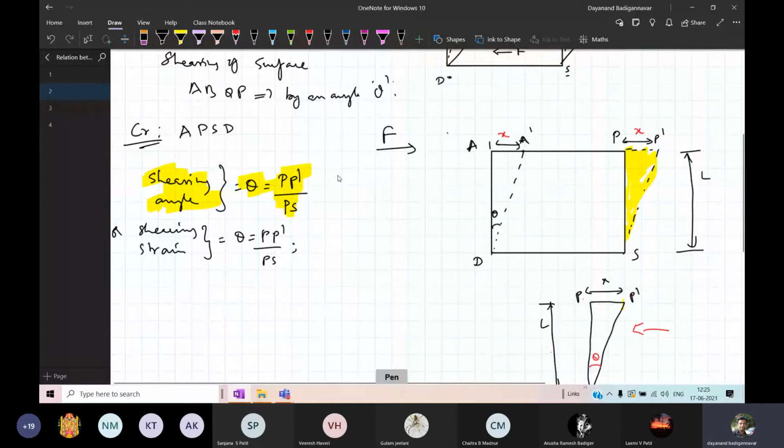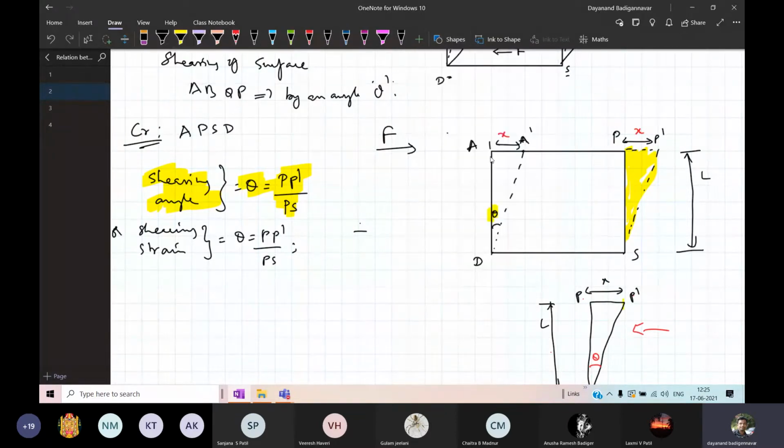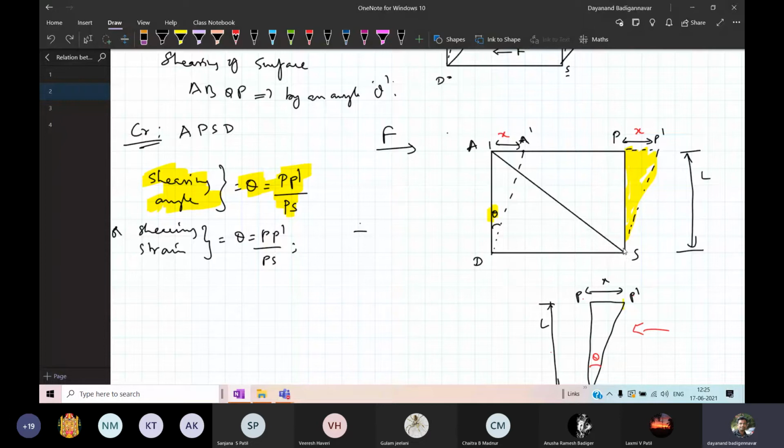So this is the shearing angle. Now I will draw a diagonal for this. This is the diagonal I have drawn. Now this is the diagonal AS.